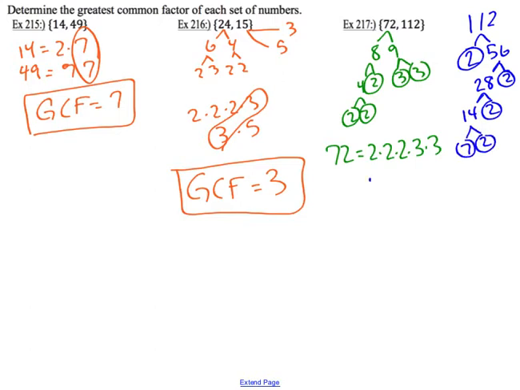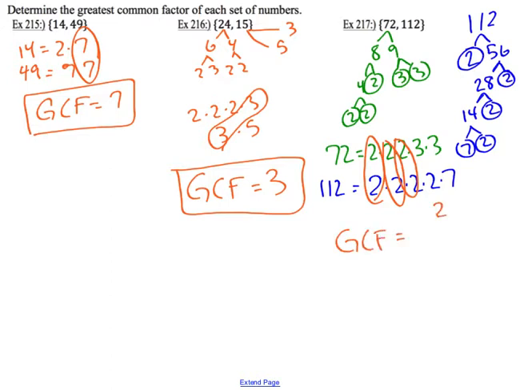So we got 1, 2, 3, 4 2's and a 7. That's 112. So what they have in common, they both have 1, 2, 3 2's, and that's all they have in common. So the greatest common factor is 2 times 2 times 2, which is 8.